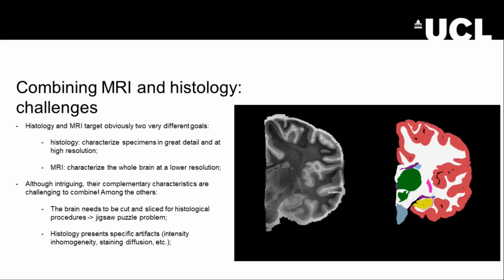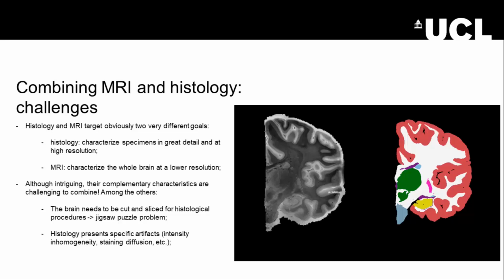So, of course, the first idea here would be, let's just combine histology and MRI, but then the nightmare starts, because if you use histology as a whole without any help from MRI, we will be in trouble, because even if we slice the brain in a proper way, it will be a nightmare to actually reconstruct the jigsaw puzzle.